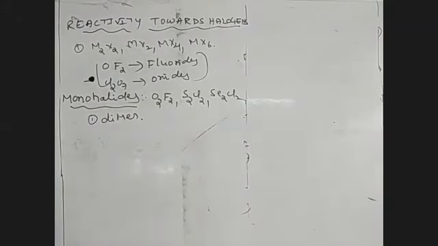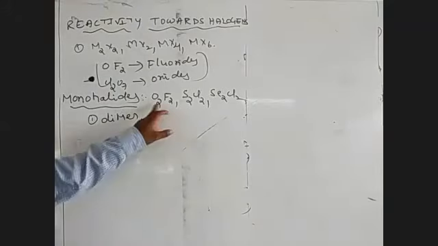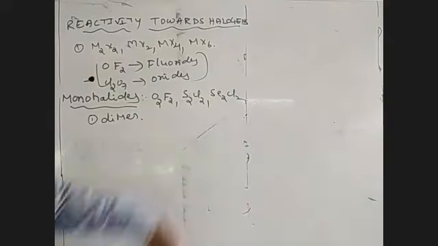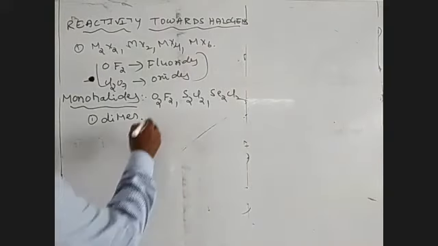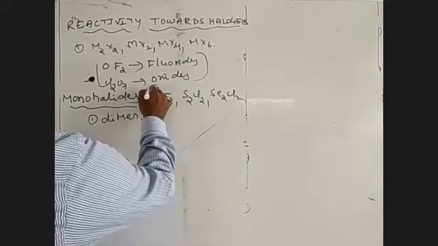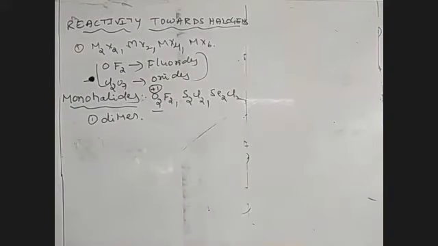Dimer means combination of two molecules: OF taken twice, SCl taken twice, Se2Cl2. In O2F2, the oxidation state of oxygen is +1. Between oxygen and fluorine, fluorine is more electronegative, therefore fluorine exists as negative and oxygen exists in the +1 oxidation state only.